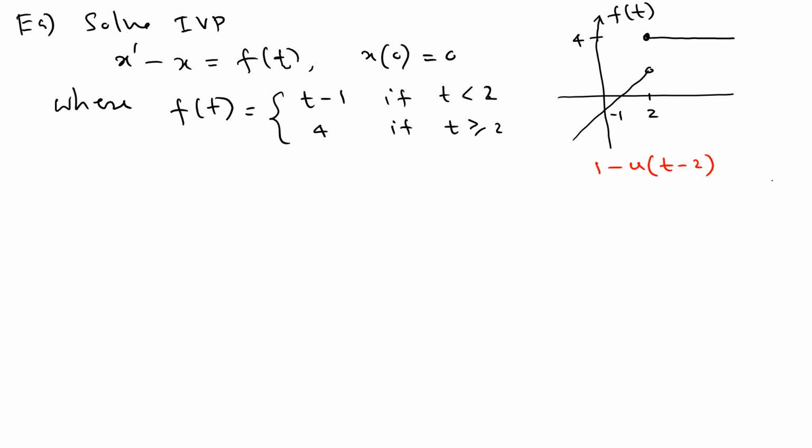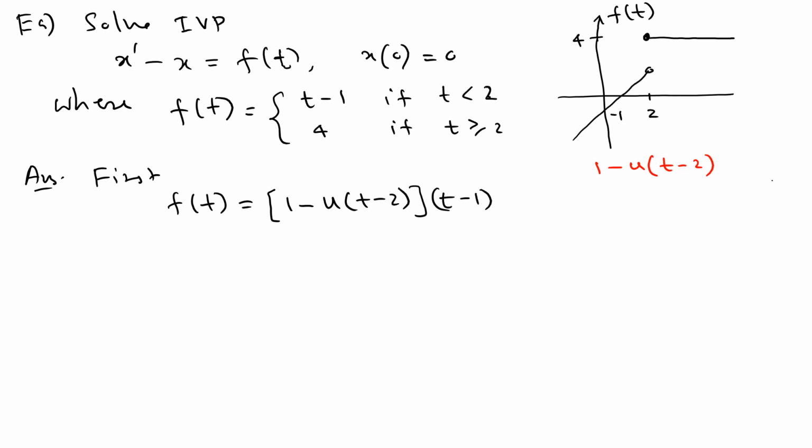So we're going to say the answer. First, you can see we can write f(t) using the switches. The first switch is 1 minus u(t minus 2). So that switch is only on from 0 to 2. You're going to multiply the function t minus 1 in that period.